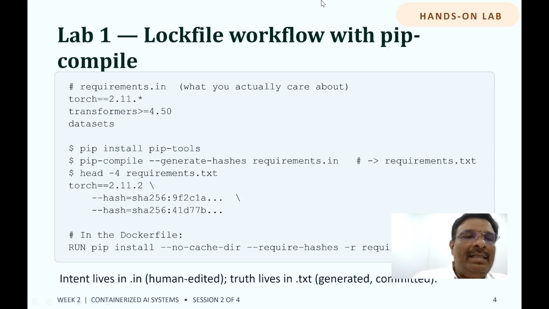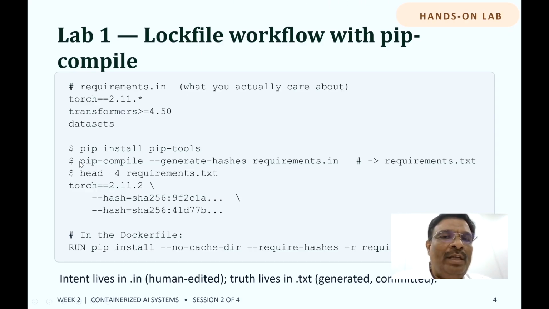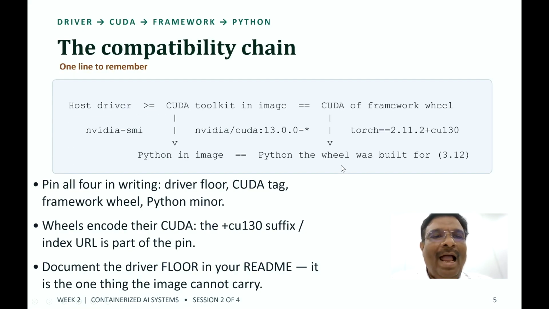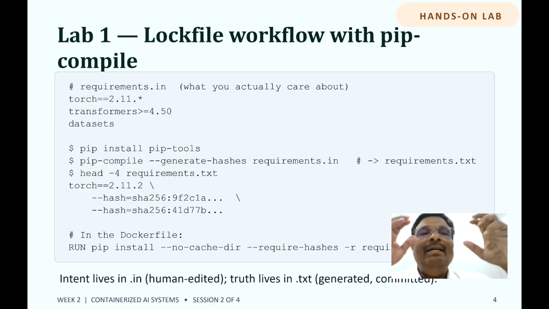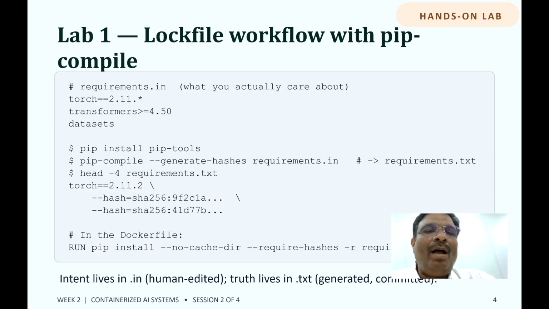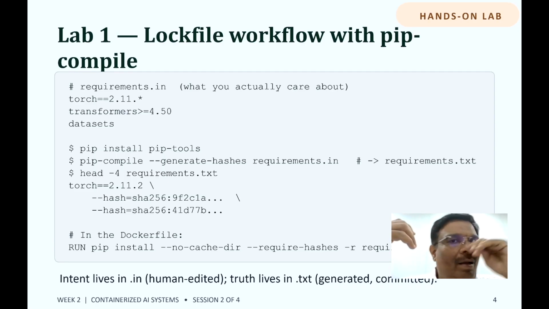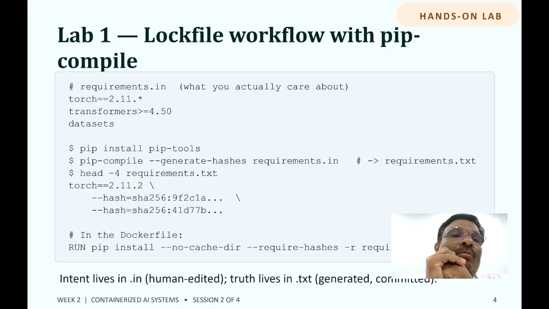So here, the thing we are using is called pip compile with generate hashes on requirements.in. If you directly use a requirements file, for example requirements.txt, it will try to install the things which you want installed.